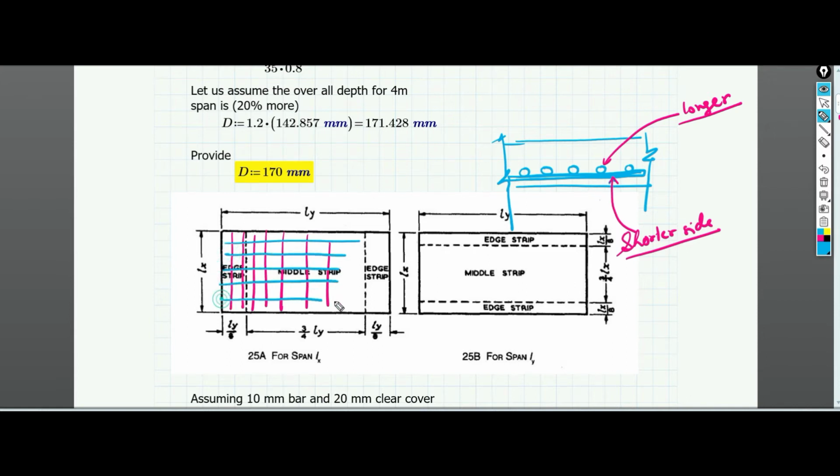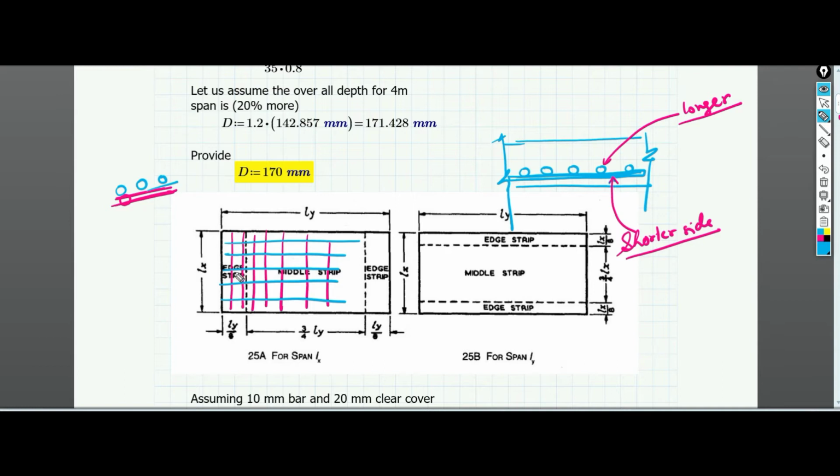Okay, that means if I draw the cross section, we will see something like this, this is the pink layer and then the blue layer. Understood? That means the pink layer is below and the blue layer is at the top.